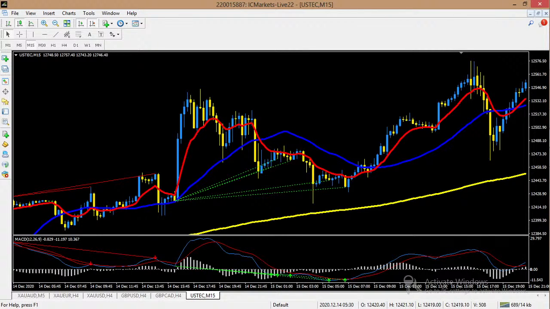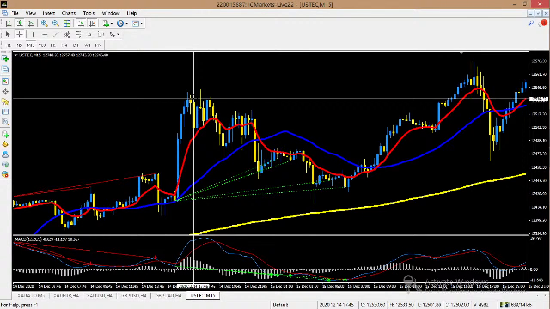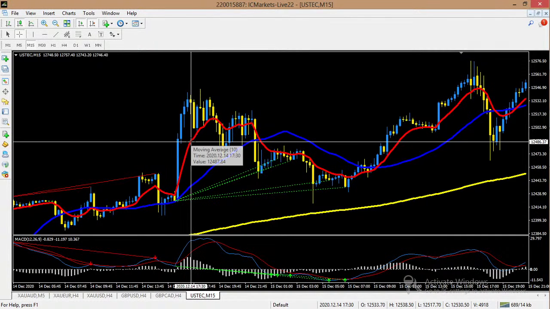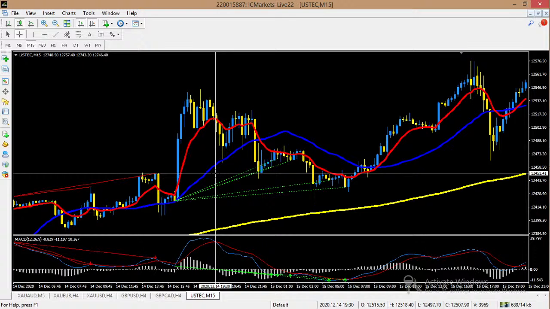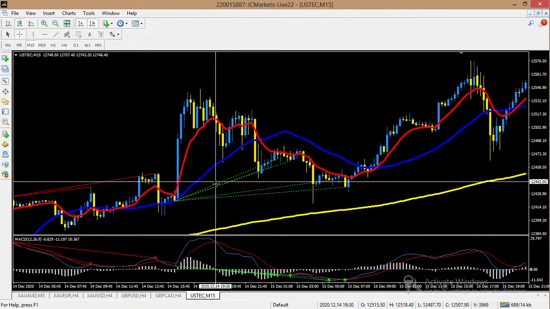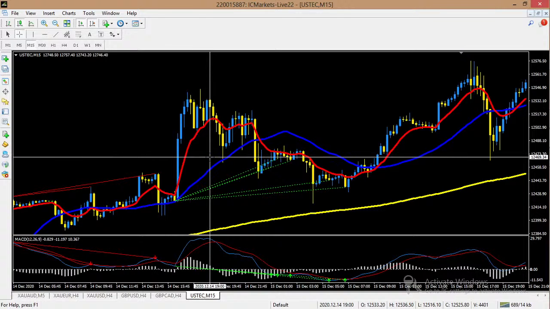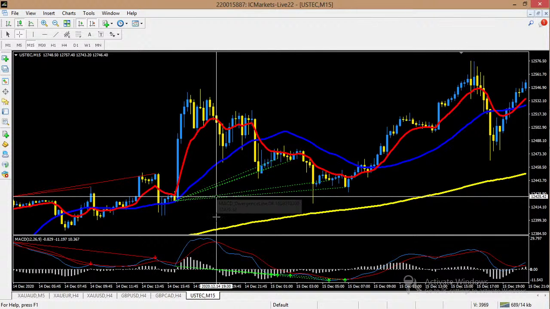Let's assume that the TP here hits, or somewhere here, depending on where you set it. And like I said, or maybe you did not set TP, and you find the crossing of this blue signal line below the red signal line of the MACD.